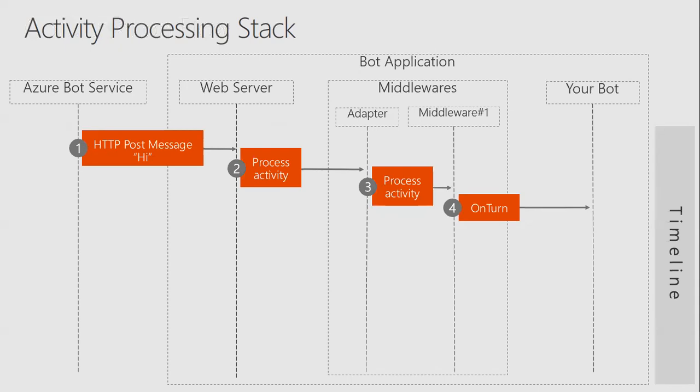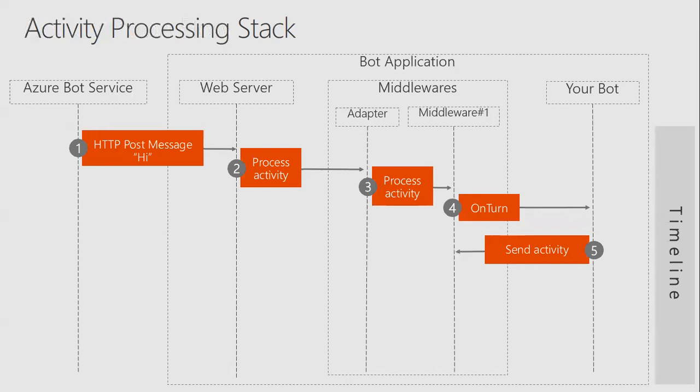The turn context will be passed, after all the processing by the middleware, to the on turn method. Inside that on turn method, the inbound activity's content will be processed, and the bot will respond back with one or more activities. So the bot can send a hello message, or it can send cards, which we call attachments, back to the user.